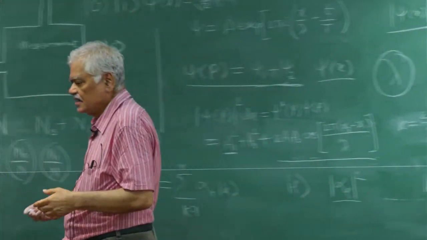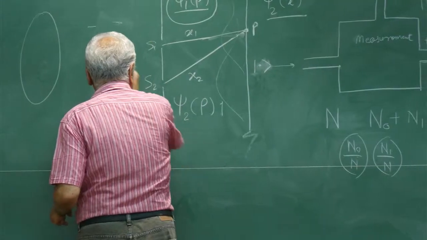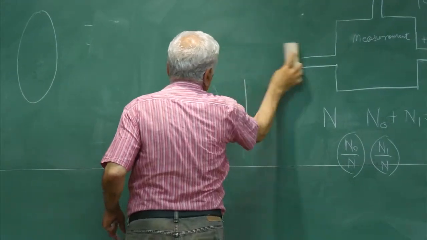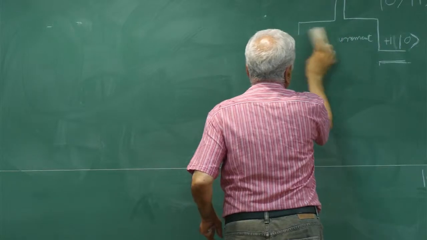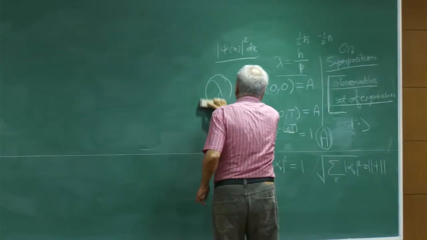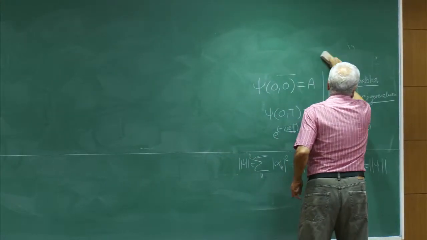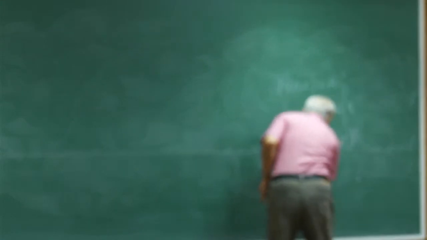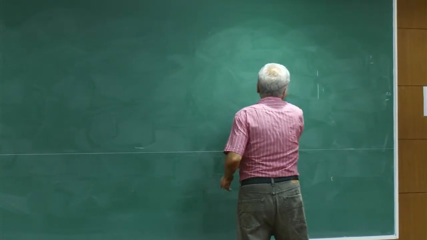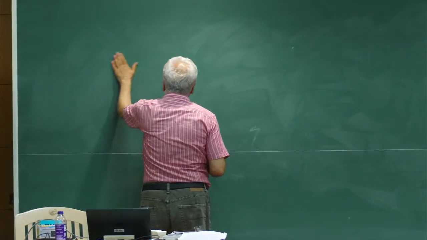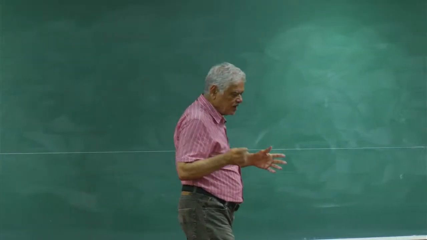So now let us come to this. We call the collection of all possible states of a quantum system a linear space.